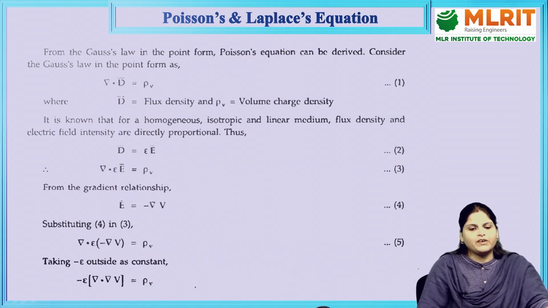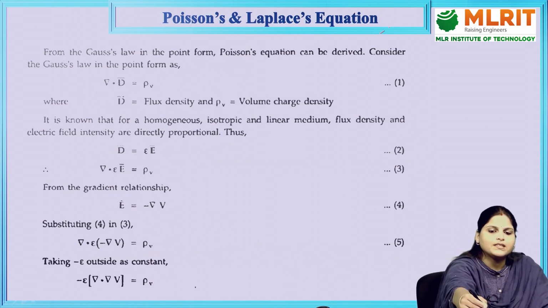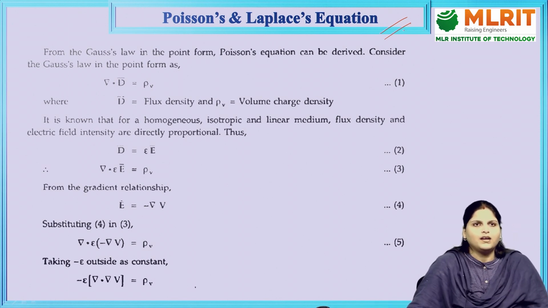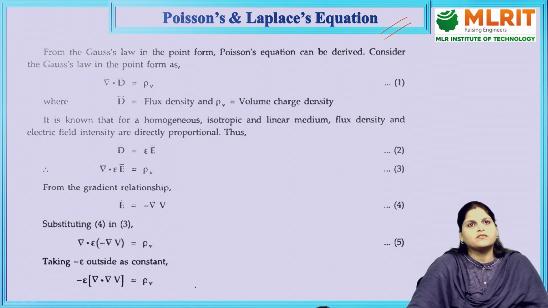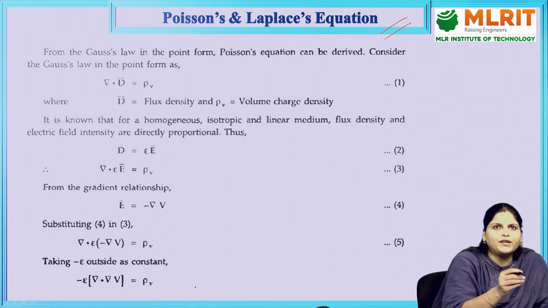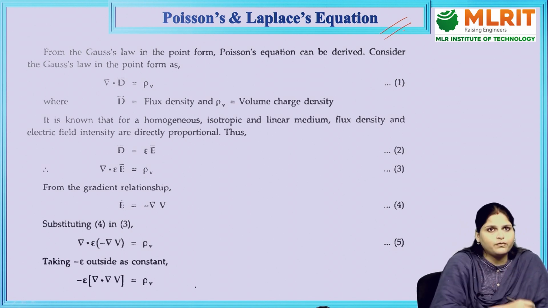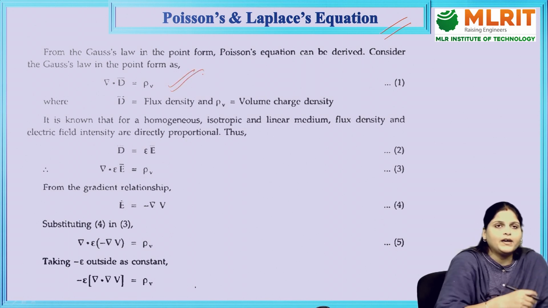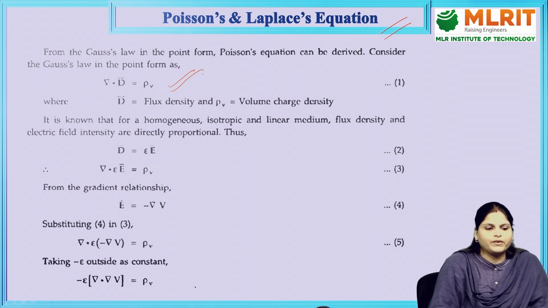The next derivation for today is Poisson's and Laplace equation. Again, we are going to use already used formulas to derive it. Just now we have seen from Gauss law in point form, or differential form, divergence of D is equal to rho V, where D is the flux density and rho V is the volume charge density.